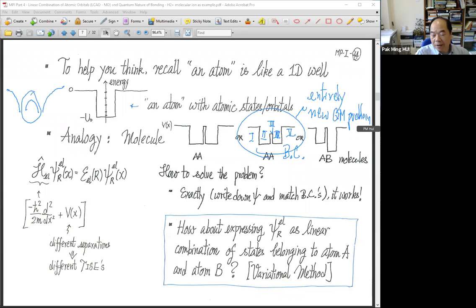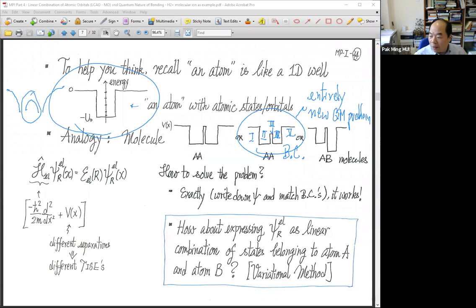By that I mean, you make no reference to this single well problem. You take it as an entirely new 5 regions, 1, 2, 3, 4, 5. You write it down, join them, apply boundary conditions. Of course, that works, certainly.